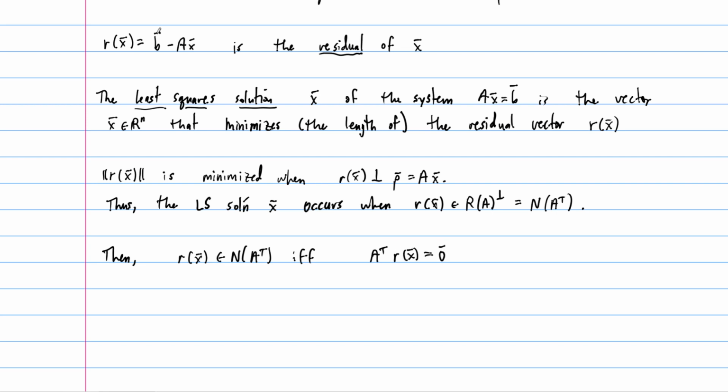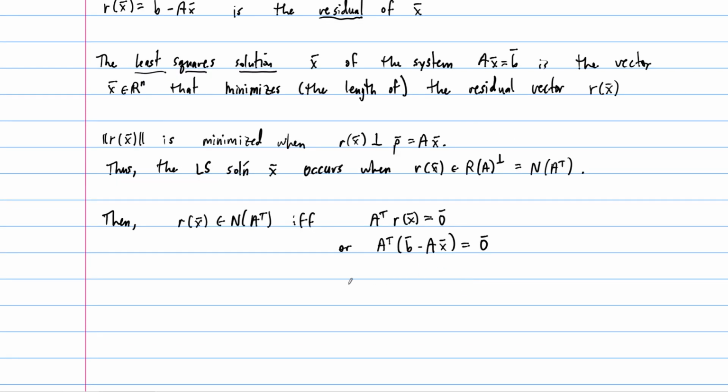We have a formula for R of x up here: our residual is this difference vector. So we can write this as A transpose times (B minus A times x) should be equal to the 0 vector. And a little rearranging then: this is a minus, we can move this over, but first we have to distribute.